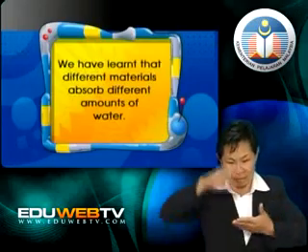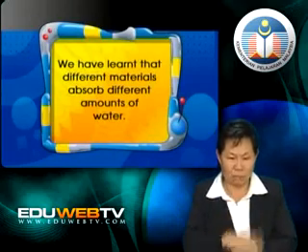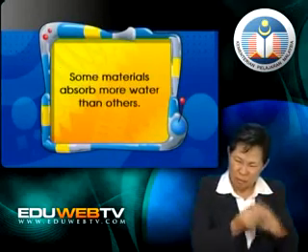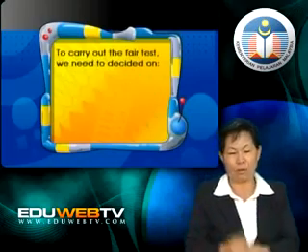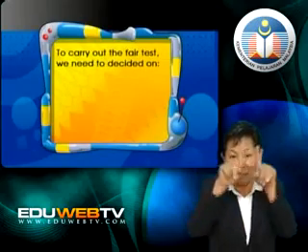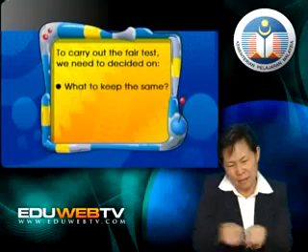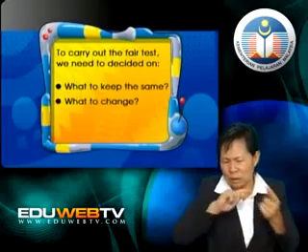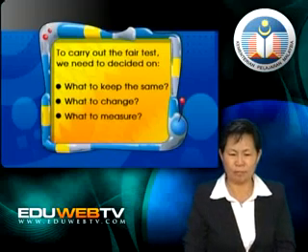We have learned that different materials absorb different amounts of water. Some materials absorb more water than others. To carry out the fair test, we need to decide on what to keep the same, what to change, what to measure.